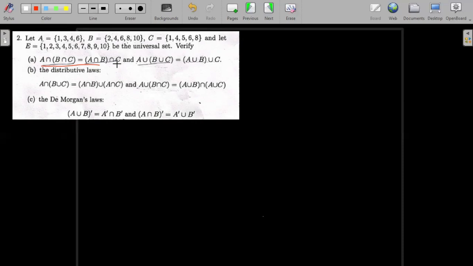So they're telling me to show that this is true, and to show that the other one also is true. So they're telling us to show that A intersection B intersection C is equal to A intersect B intersect C. So if you remember the set laws, this here is just the law of associativity over the set operation intersection.